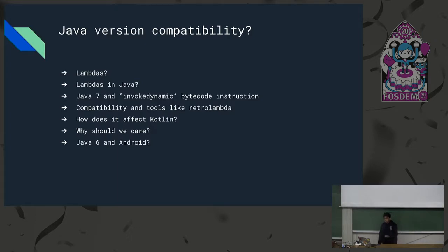So yeah, we should care because of Java 6 and Android mostly. That is the whole need of the inline keyword: you can't actually have it working below Java 7 and 8.